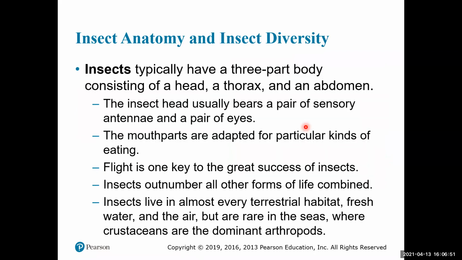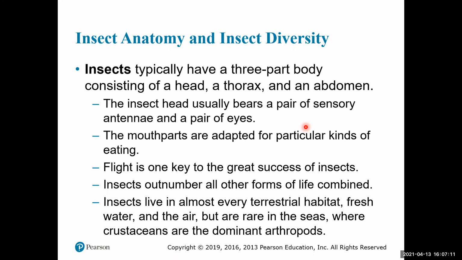Okay. So the last group we're going to talk about is by far the most diverse group of animals, and this is the insects. The insects have this 3 body part anatomy. So they have that separated head, thorax, and abdomen.